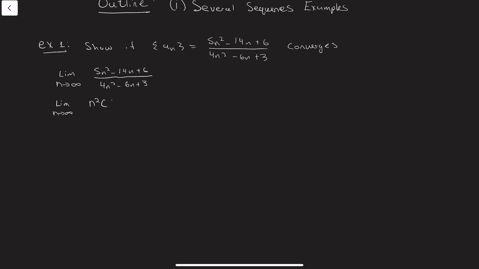So pulling an n squared out of the numerator, we get 5 minus 14 over n plus 6 over n squared. And over the denominator, this becomes n squared, and we'll have 4 minus 6 over n plus 3 over n squared. And right away, you can see that these n squareds will cancel.